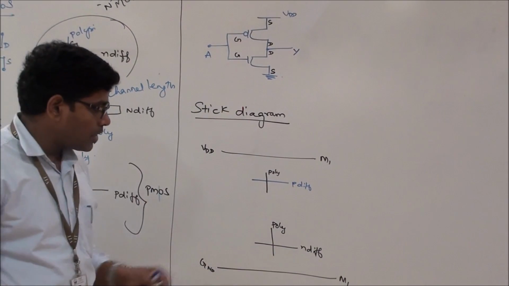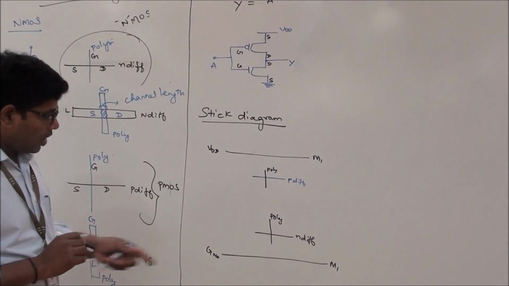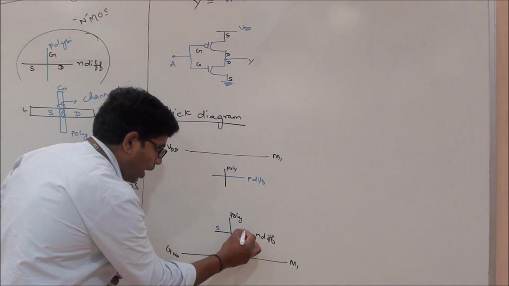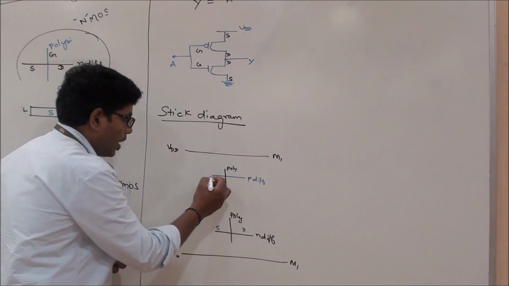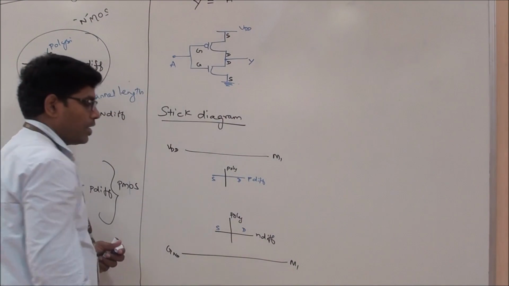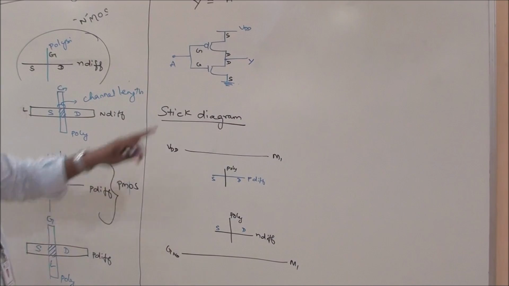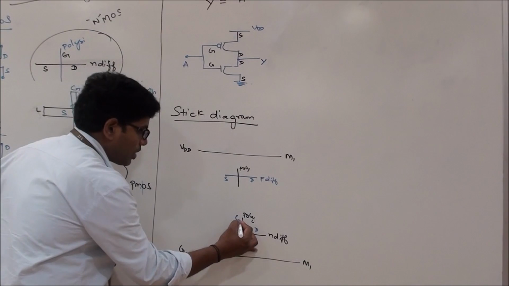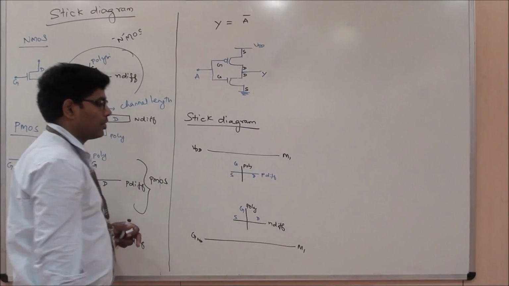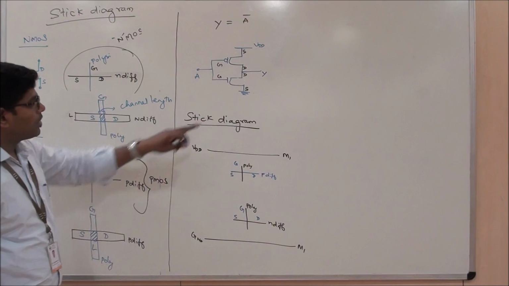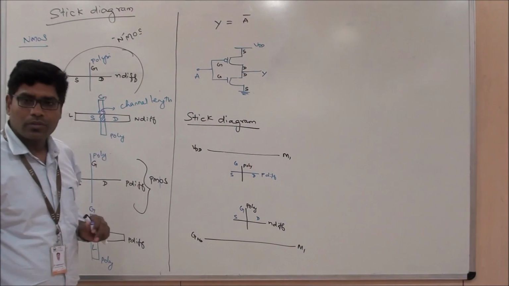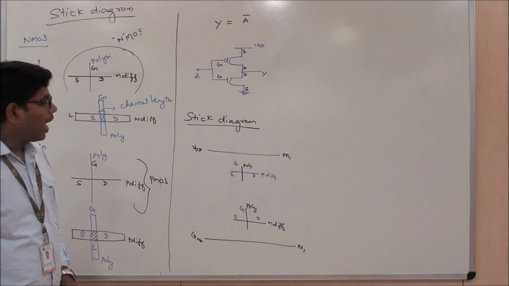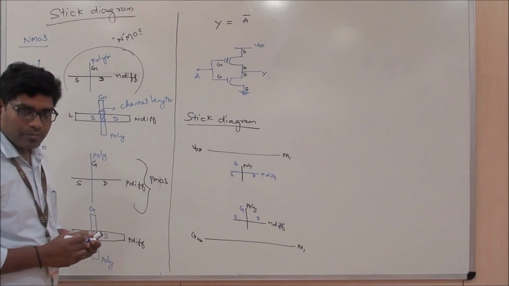Once a poly crosses an N diffusion, this gives me an NMOS with source and drain at one end and the other end respectively. This is my source, drain, and this is my gate. The poly line is your gate. Now, I am supposed to connect this source with the ground. To connect the source with the ground, I use again the metal layer.